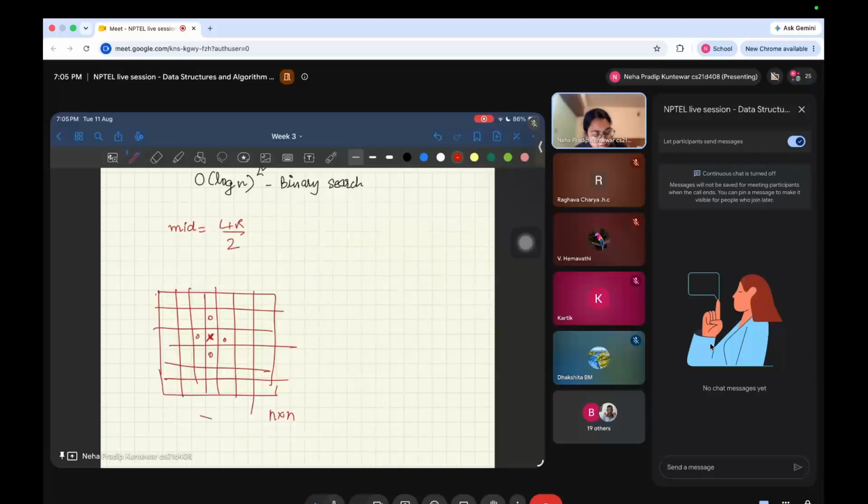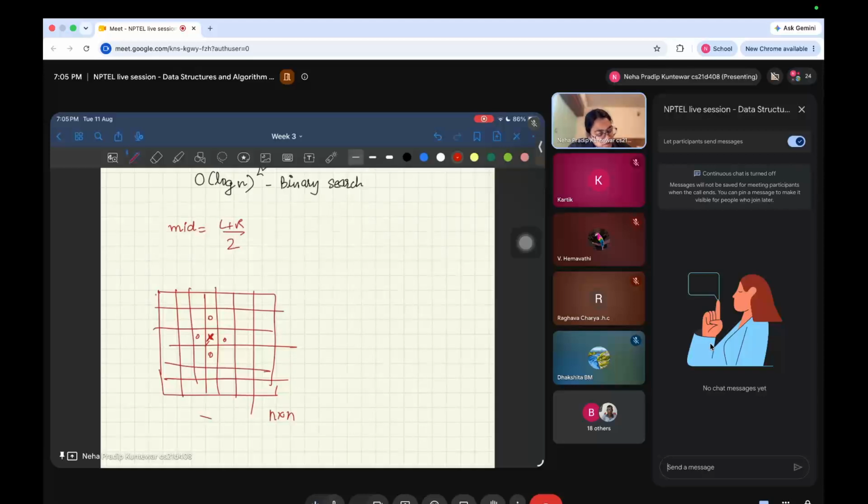We're not looking at the global minimum here. A trivial way of doing this again would be that you go through all the cells, scan the entire matrix, and find one minimum element. And because that is the minimum element, everything neighboring it will also be larger. So then you can output that.